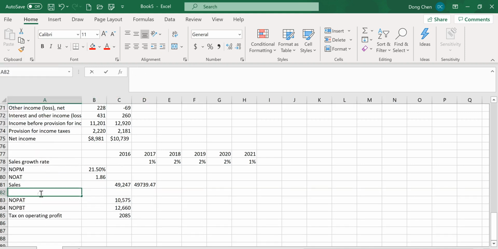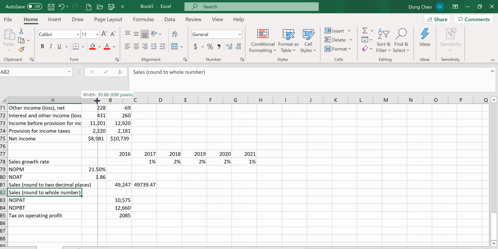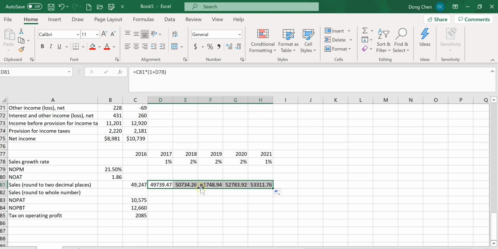This is rounded to whole number. So that means here the sales is rounded to 2 decimal places. This is automatically kept as 2 decimal places, so I don't have to worry about that.